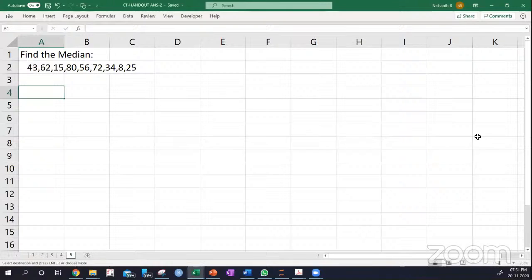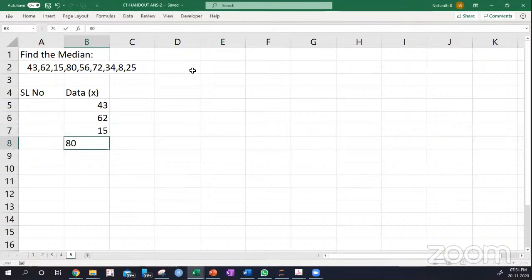First, arrange the data in increasing order. Also, you should be able to identify which number is which, so I'll put a serial number here, and this is my data X. I'll write down the data which is given: 43, 62, 15, 80, 56, 72, 34, 8, 25. I'll just number them here.